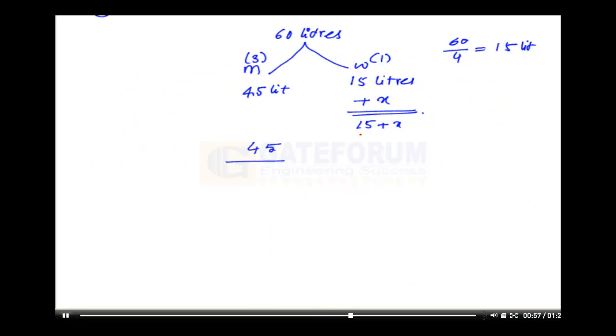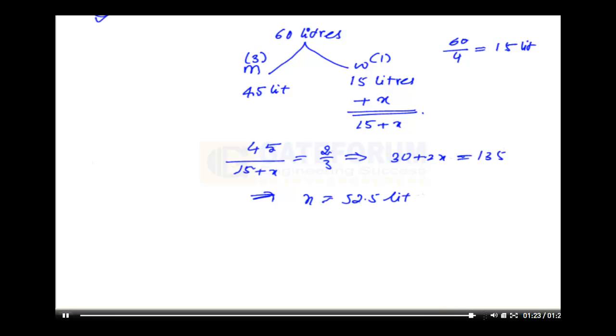What is the amount of water here? 15 plus x, as we have added. So what will be the new ratio? 2/3, which implies 30 plus 2x is equal to 135. If we simplify, the value of x will be 52.5 liters.